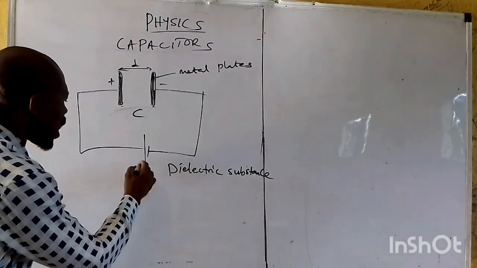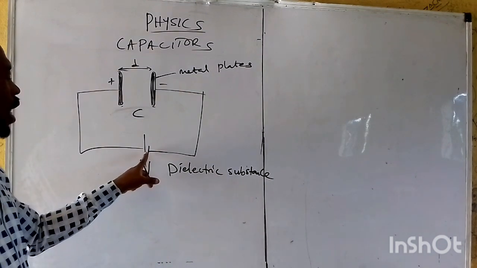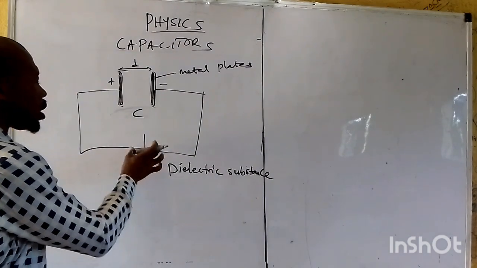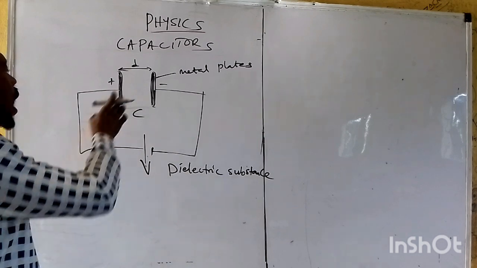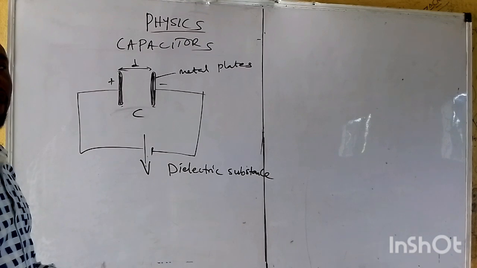Why here is V? The potential difference. If you look at these two, the polarities are not the same, but for this one they are the same. So they are carrying equal but opposite charges.